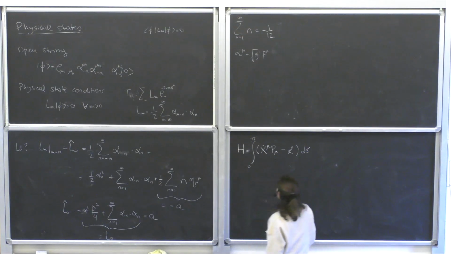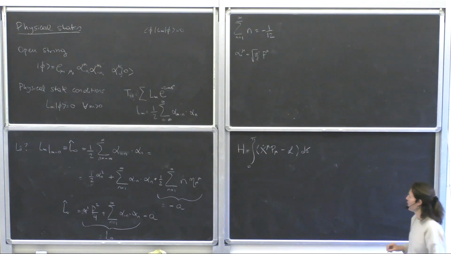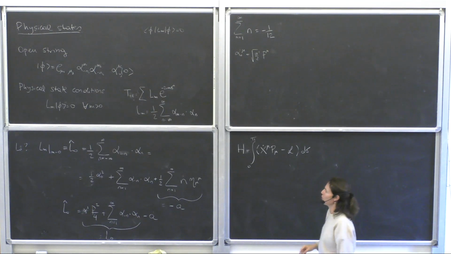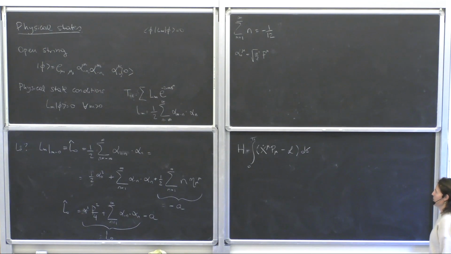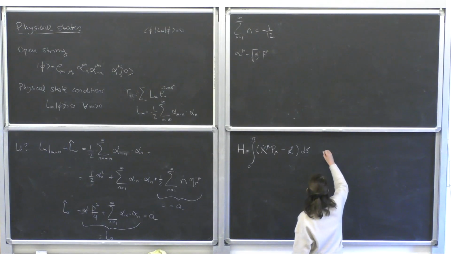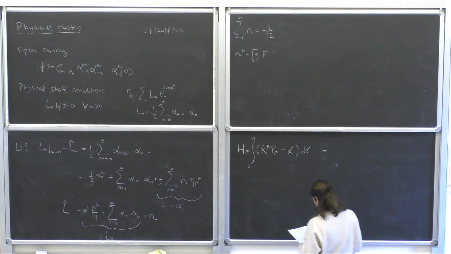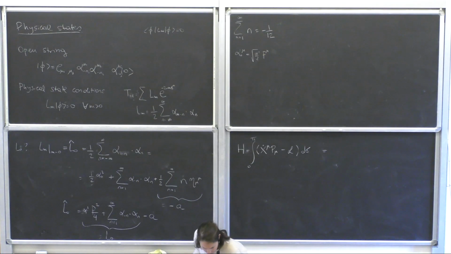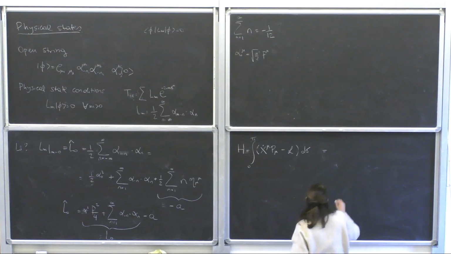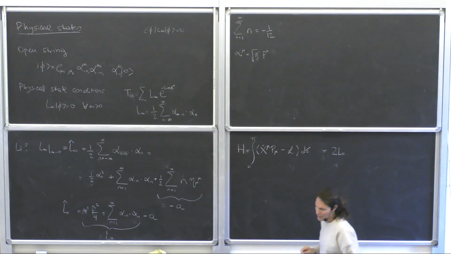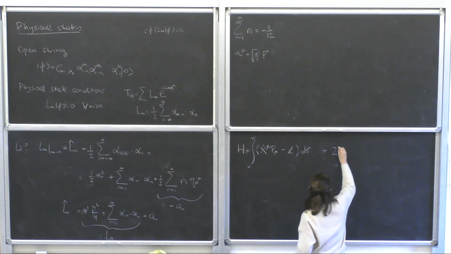That's the Hamiltonian. It's not hard to see that this is the zero mode of the energy momentum tensor. Well, and also, it makes sense that the Hamiltonian is a zero mode of the energy momentum tensor. So the Hamiltonian is 2L0 hat.